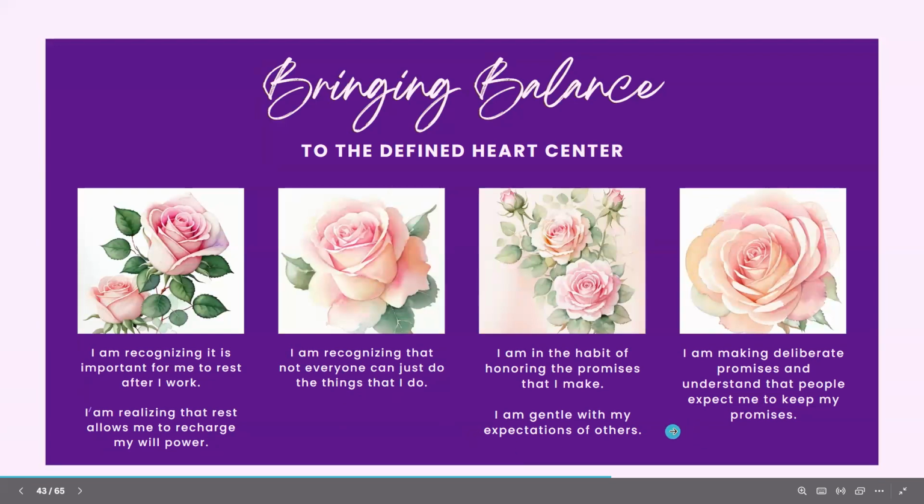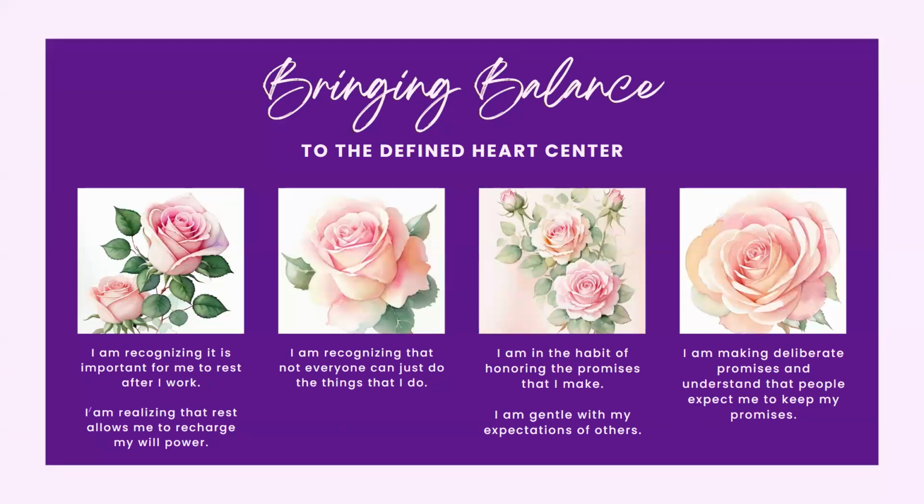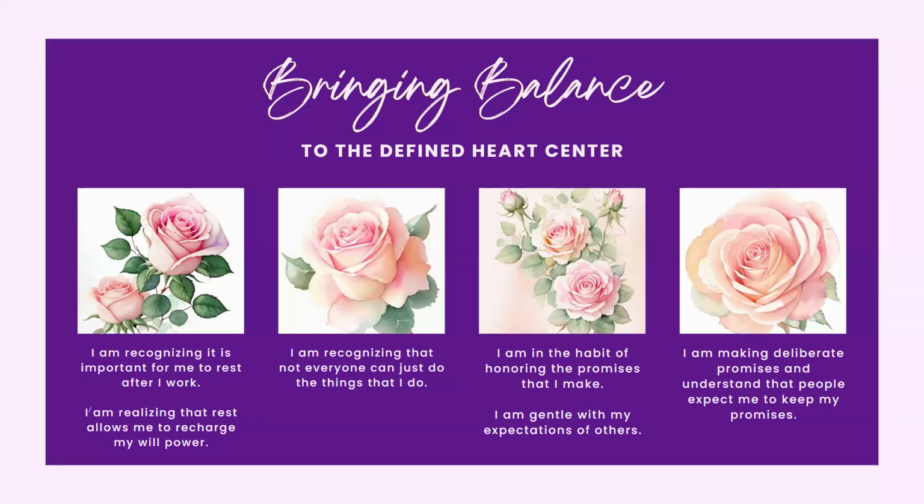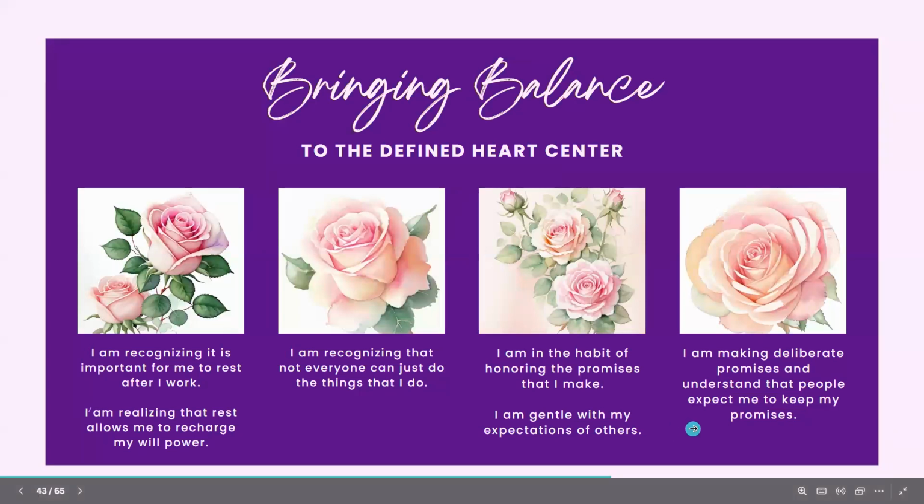They don't have the ability, and it's not that a person with a defined heart center is better. Their energy just runs differently, and recognizing that, patience is needed when you're working with other people, who cannot always do what the defined heart can do. I am making deliberate promises and understand that people expect me to keep those promises. So make sure your promises are something that you can follow through on so things go well.